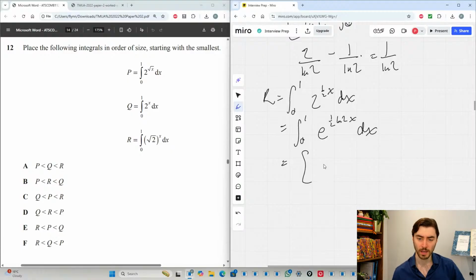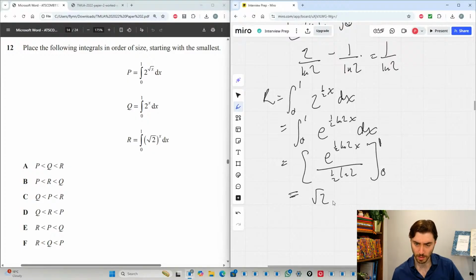So you end up getting e to the half ln 2x all over half ln 2 between 1 and 0, which is e to the half ln 2, which as we established is root 2, all over ln of root 2, minus that times 0, e to the 0 is just 1, over ln of root 2.